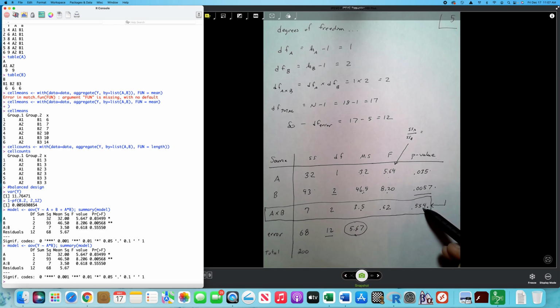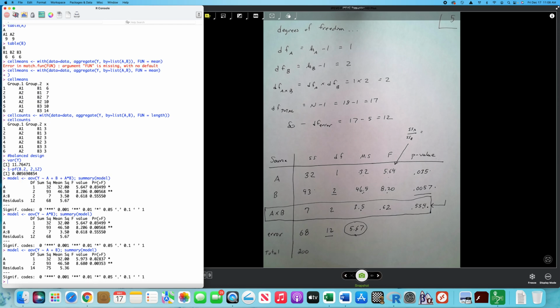In this case, the interaction is not statistically significant, so I would rerun the model with only the two main effects. So then that would become ultimately the model that I would use to explain this relationship.